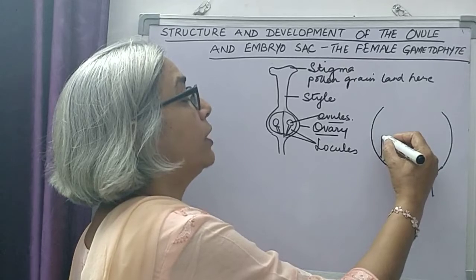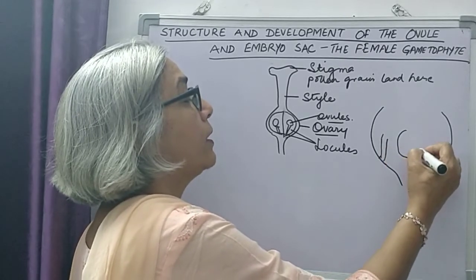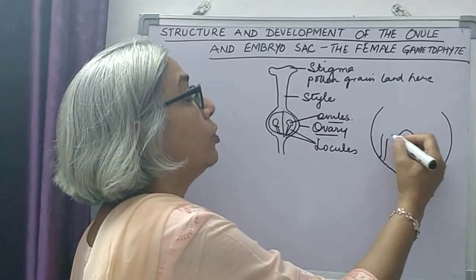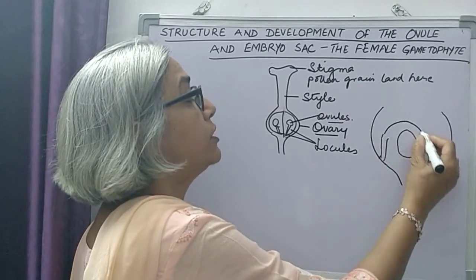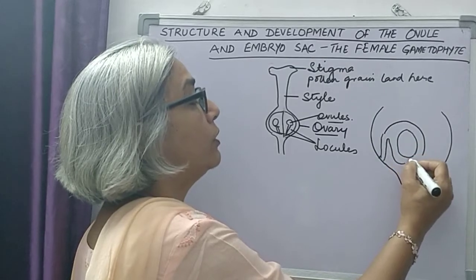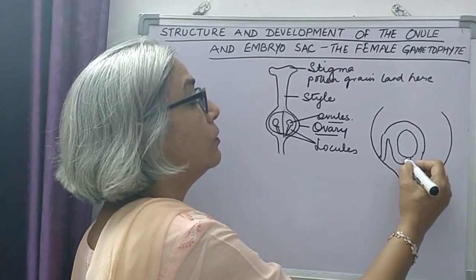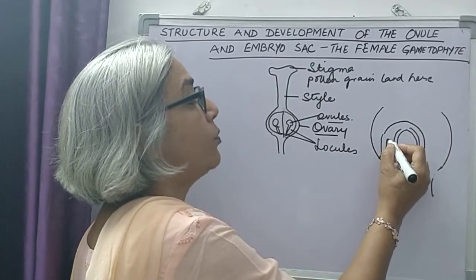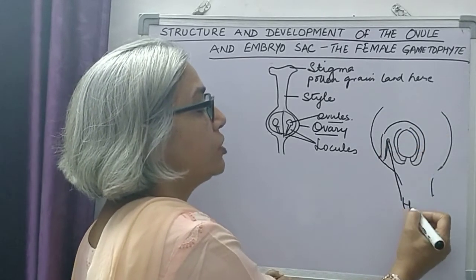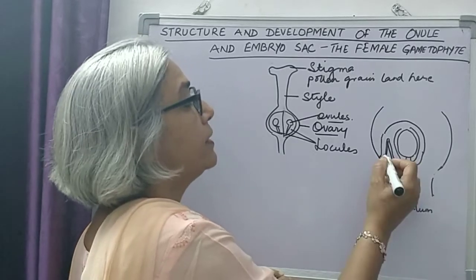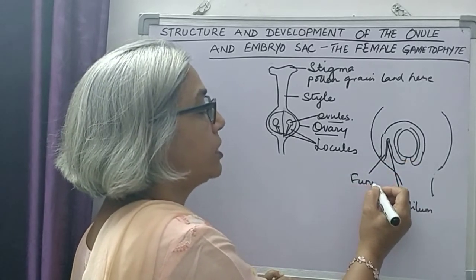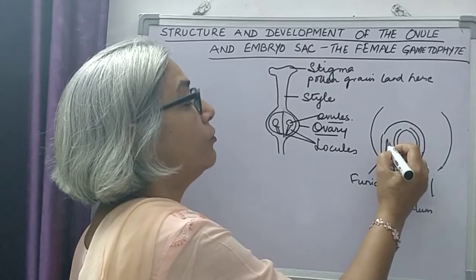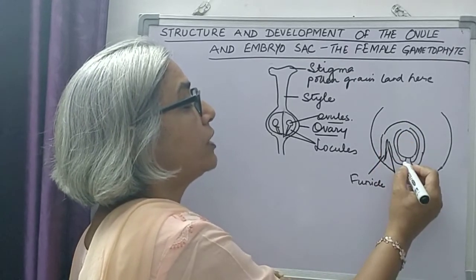This funicle is going to hold the ovule, and this point of attachment of the ovule to the wall of the ovary is called the hilum. This is the funicle, a stalk-like structure on which develops the ovule, and this is the point of attachment.